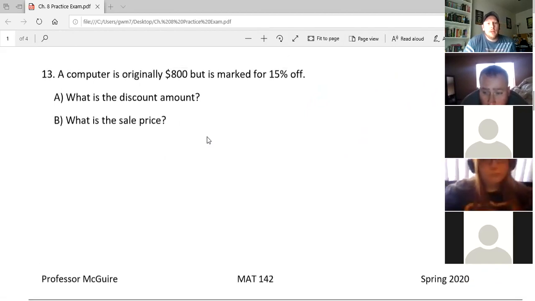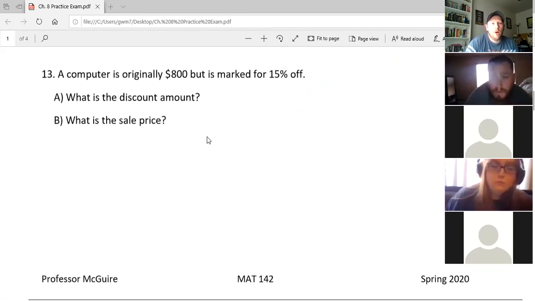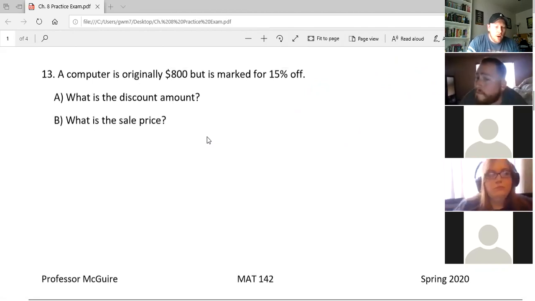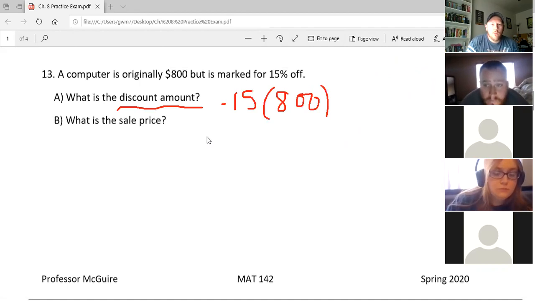13, a computer is originally $800 but is marked for 15% off. What is the discount amount? So that's the percent off, the discount amount. It's 15% of the 800. So 0.15 times 800 gets us $120.